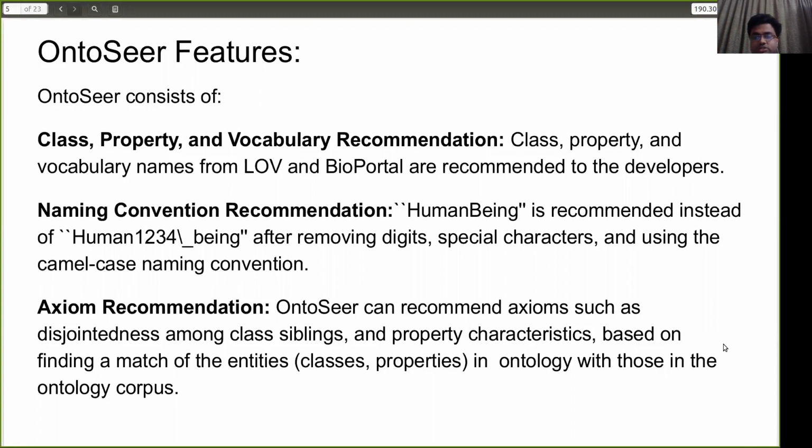So human being is recommended instead of human being, be human and 1234 being, after removing all the digits, special characters and using the camel case convention. For axiom recommendation, Ontosphere can recommend axioms such as disjointness among class siblings and property characteristics based on finding a match of the entities in the ontology with those in the ontology corpus.